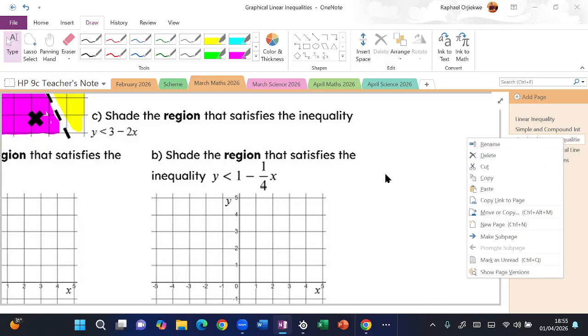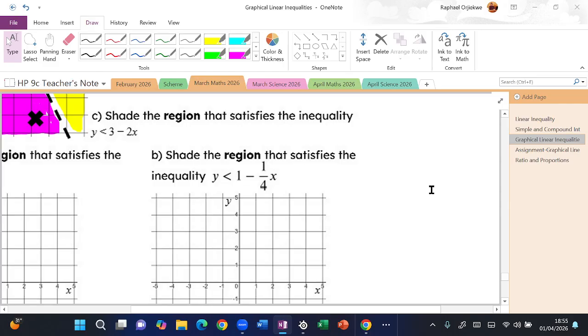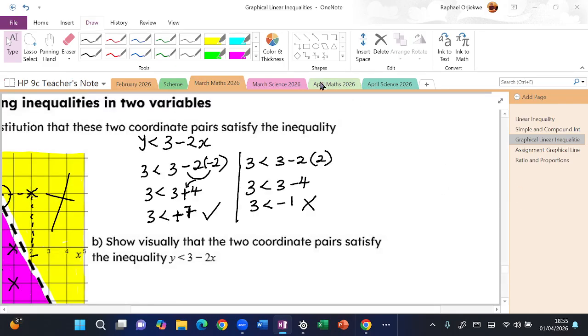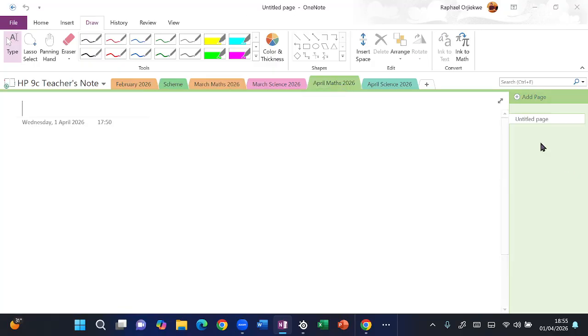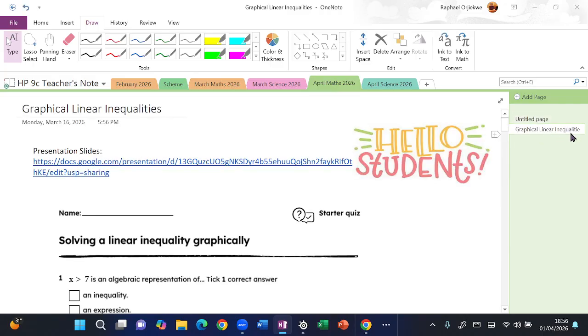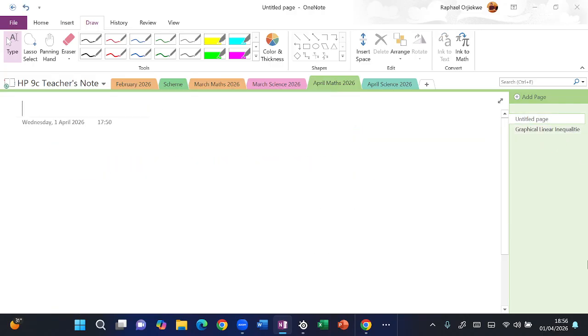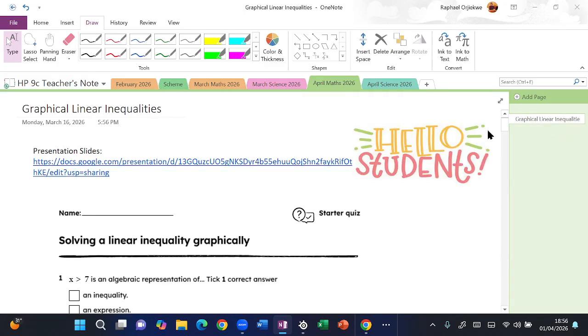So because of that, I'm going to copy this. We've already done it. I'm going to copy it and paste it in our OneNote. Okay, let me even just do that. And paste exact. So you're going to complete the remaining part of it.